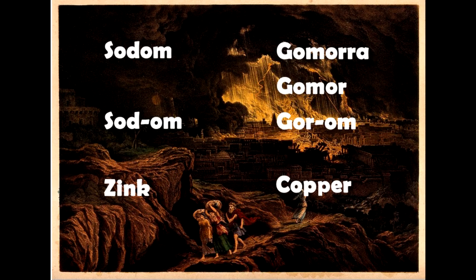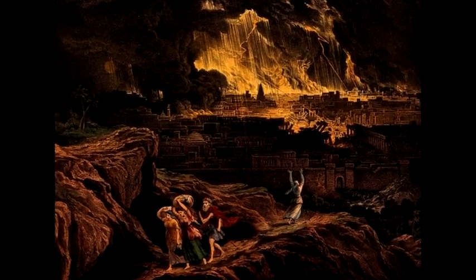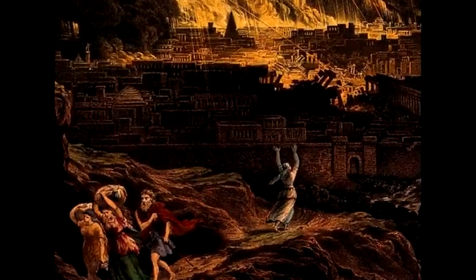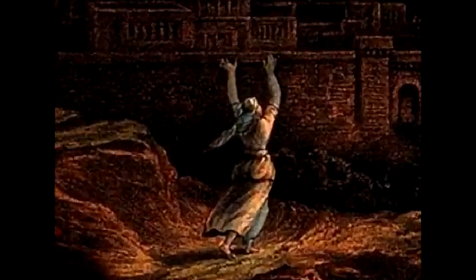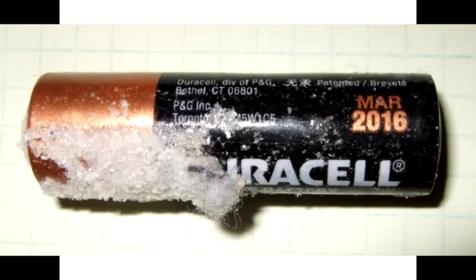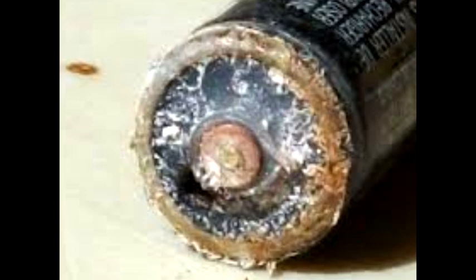Now let's presume that Sodom is the Ba, basot, zinc, and that Gorom is the Ka, the copper. So we know that the wife of Lot changed into a pillar of salt. That might be the corrosion of one pole.